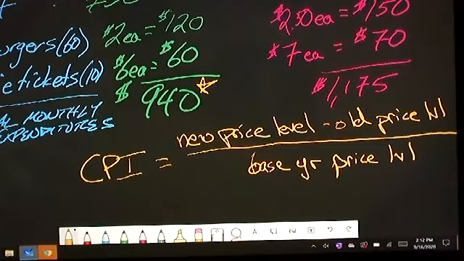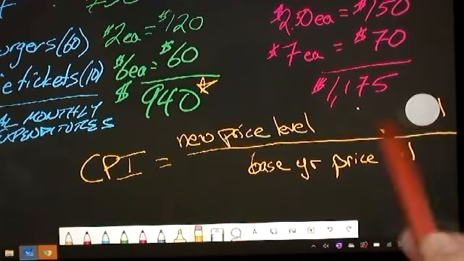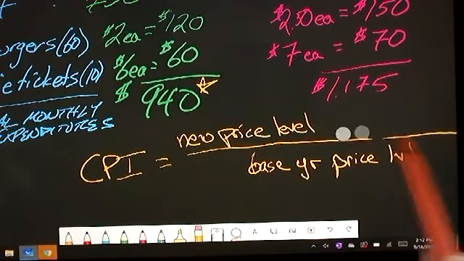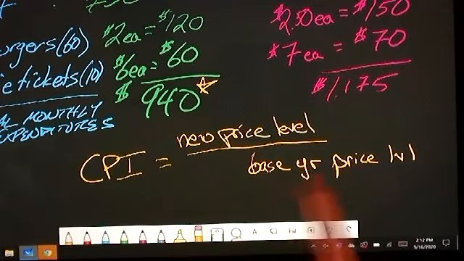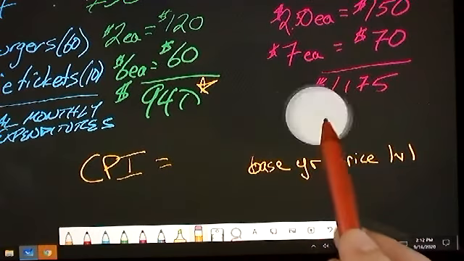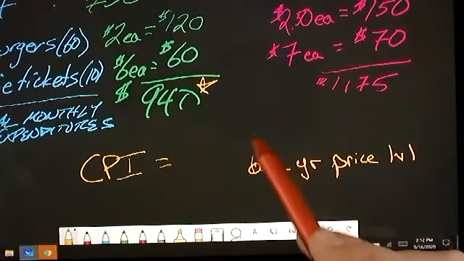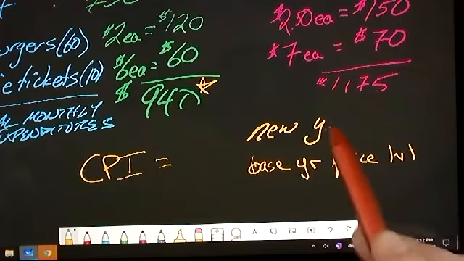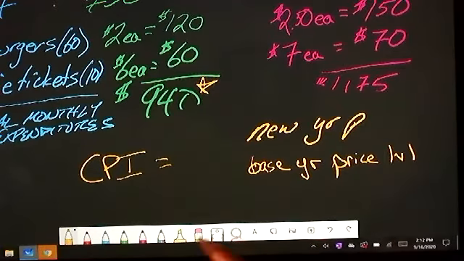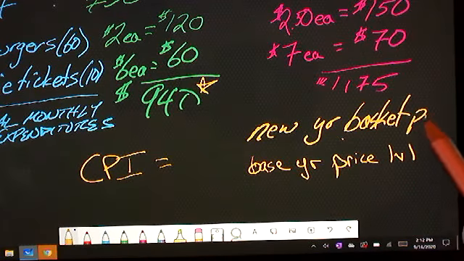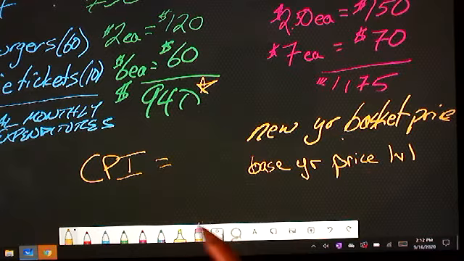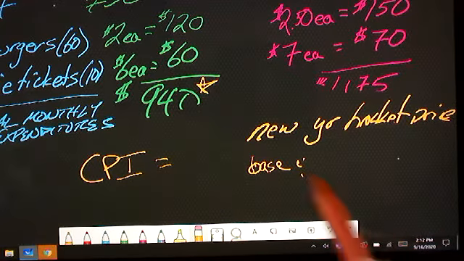Actually, apologies, mistake. Our CPI is nothing more than the new price level over the base year price level. So let's correct this and just say basket price: the new year basket price over the base year basket price.